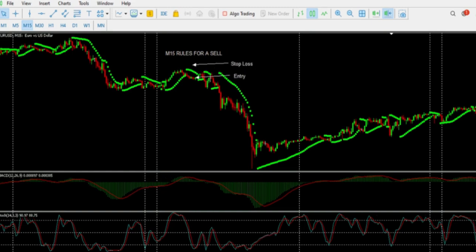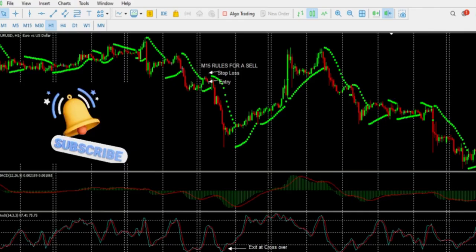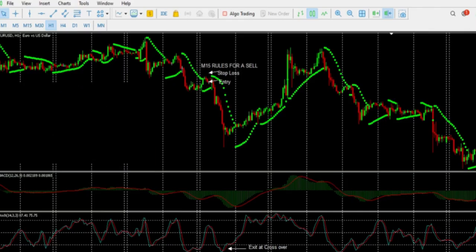You can have a stop loss above the high of the last candle, and you can exit at the crossover of the stochastic oscillator on the H1 time frame at the zero level. Now, these are the rules for a sell trade.